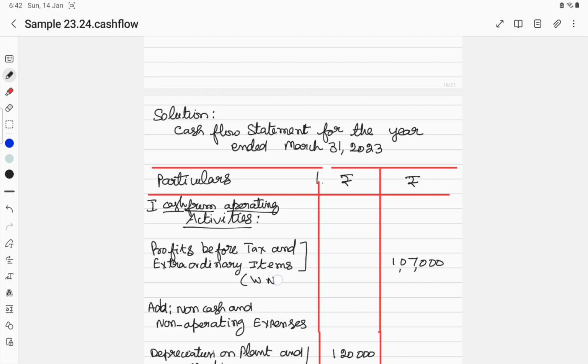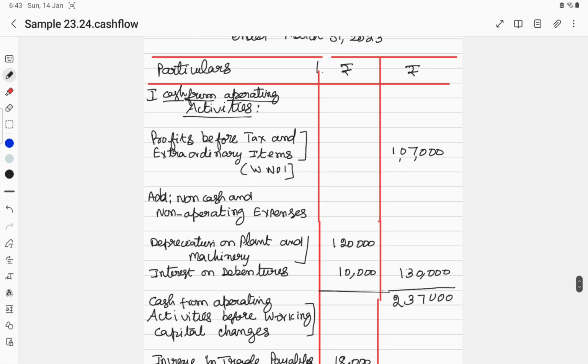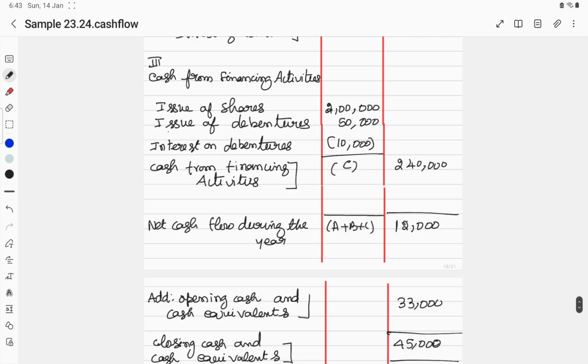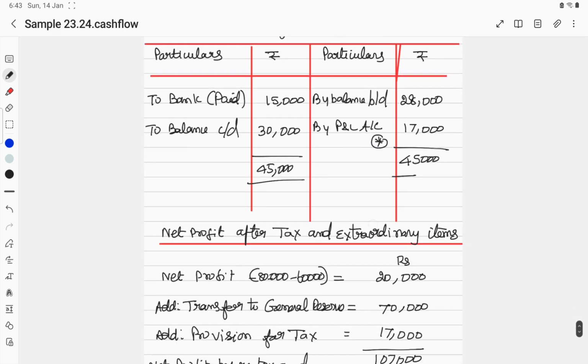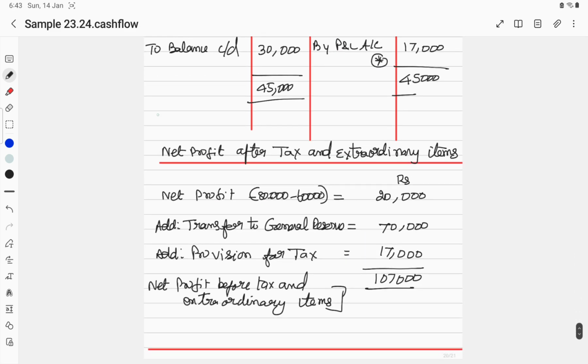See working note. Net profit after tax and extraordinary items. Net profit 80,000 minus 60,000, 20,000.